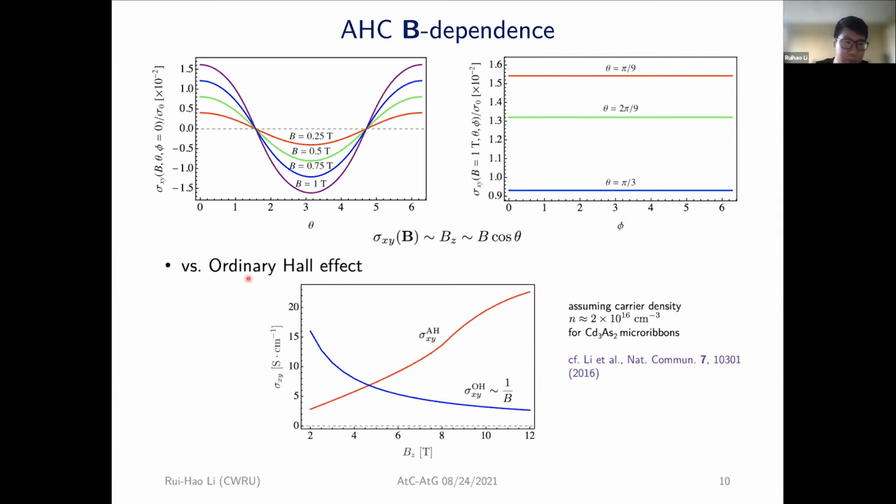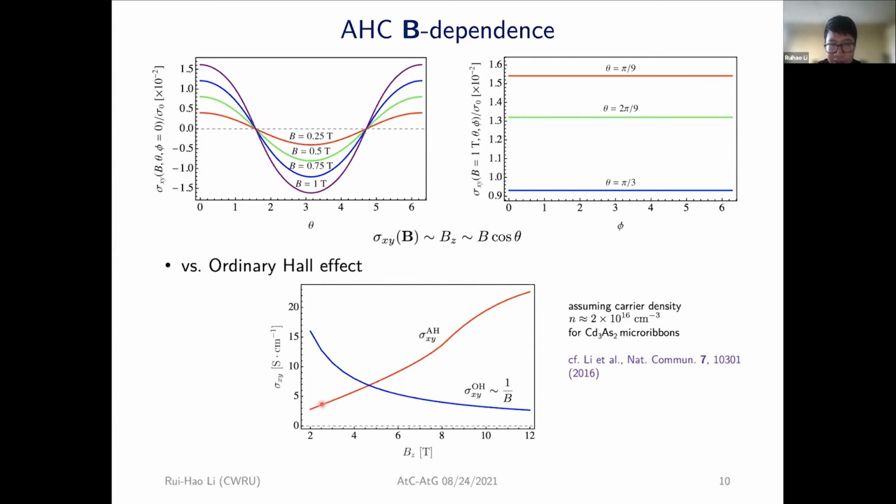Lastly, I just want to briefly touch on the differentiation of the anomalous Hall conductivity from the ordinary Hall. Doing a simple back of the envelope calculation, assuming a relatively low carrier density for cadmium arsenide, you can calculate the B dependence of the anomalous Hall conductivity, assuming that B is applied in the Z direction, for example.